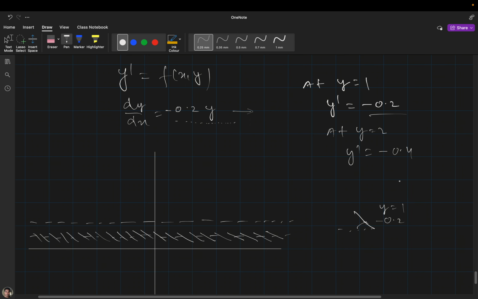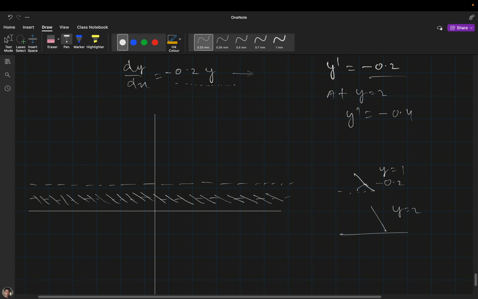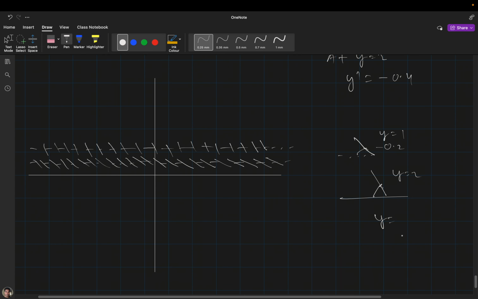Now when y equal to 2, it will be more steep, more angle. So it will be something like this. And when y is very large, approximately infinity, then what will be the dy by dx?